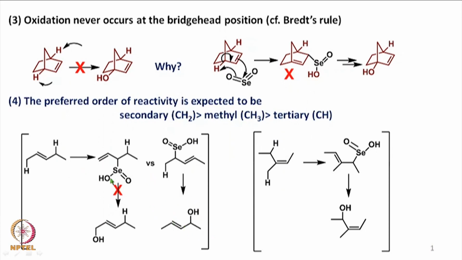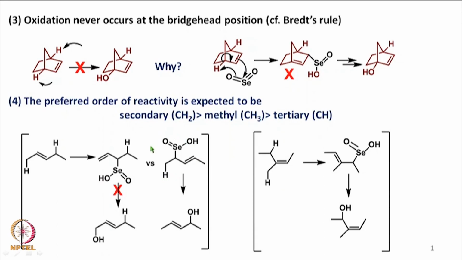Now, if we see the intermediates that are formed, then based on a similar type of mechanistic consideration as we discussed above, we expect the formation of this selenium intermediate, in which, as we can see, the double bond is at the terminal position, and that eventually leads to the hydroxy group at the terminal position.